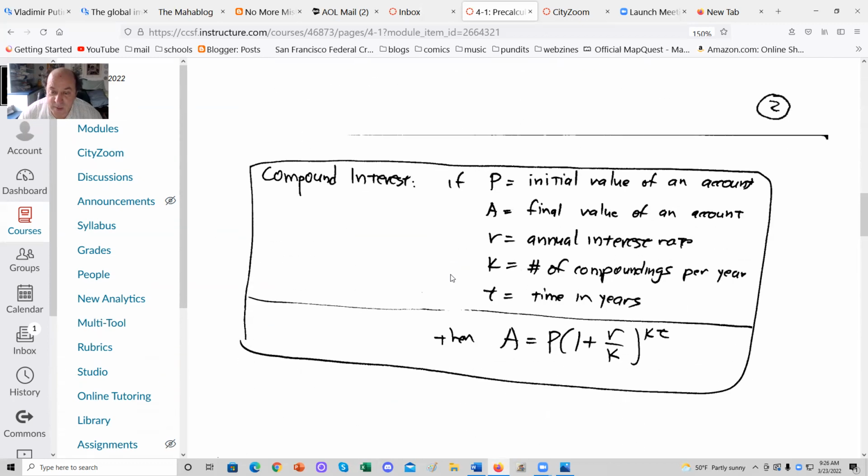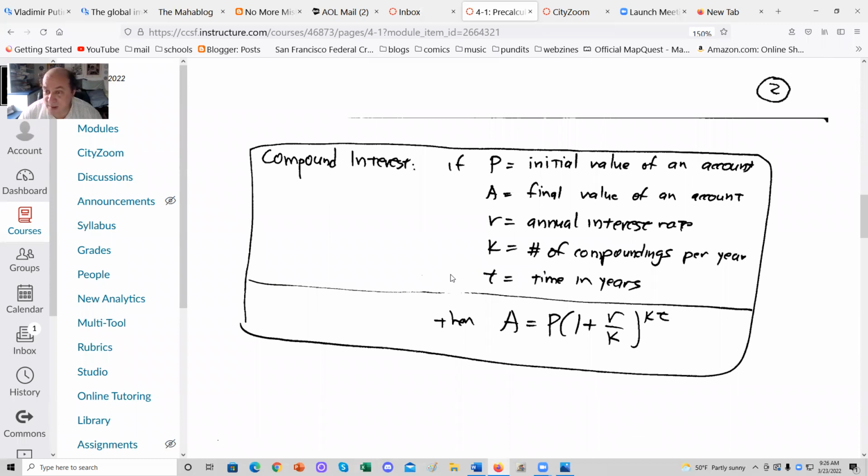Here's an exponential explosion: compound interest. If we have a quantity of a fund with a constant interest rate, where P is the initial amount of the account, A is the final value of the account, R is the annual interest rate, and K is the number of compoundings per year.